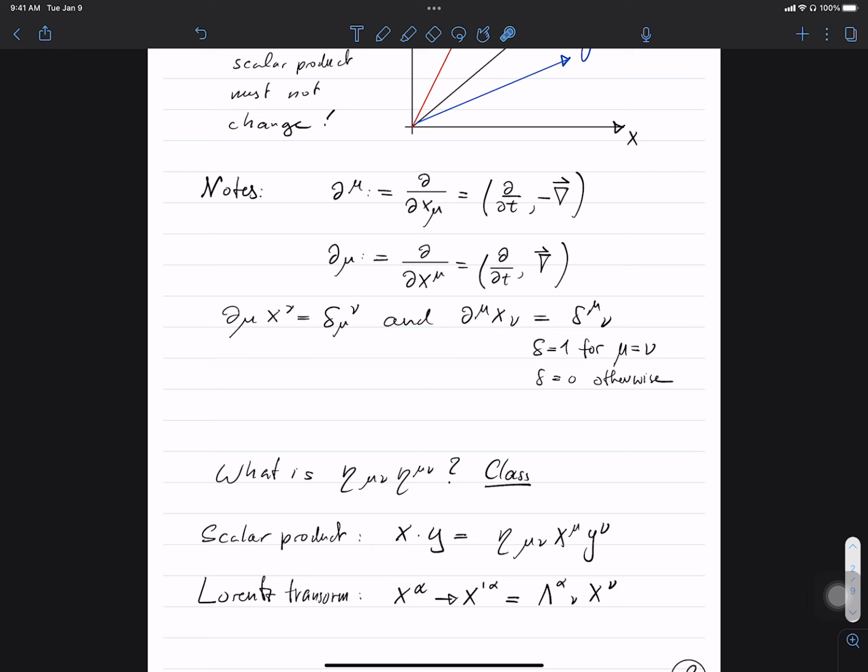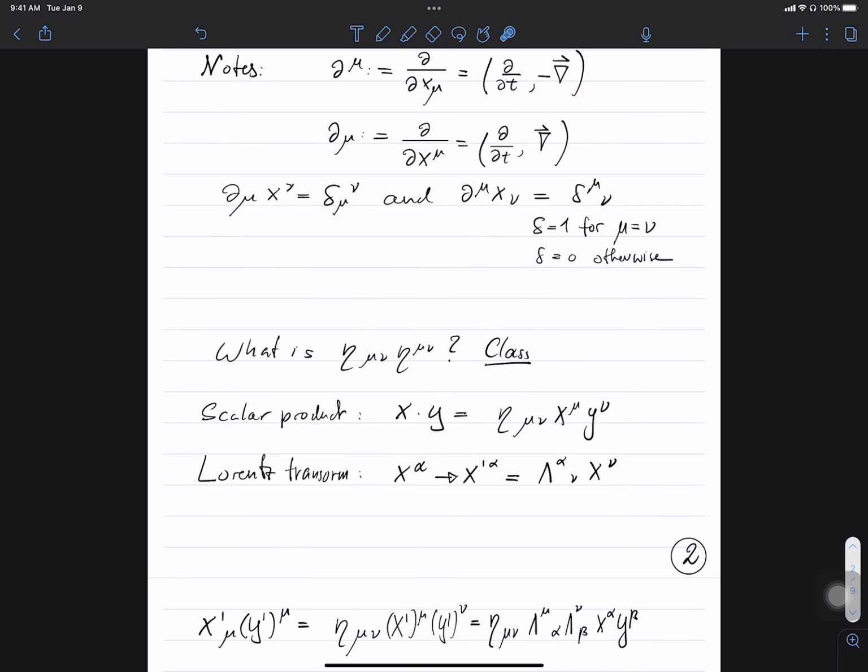Explicitly written in coordinates, there's the derivative with respect to t, and the derivative with respect to the spatial coordinates has a minus. And when we have a covariant derivative, it's a derivative with respect to a contravariant vector, and there's no minus sign in the spatial derivatives.